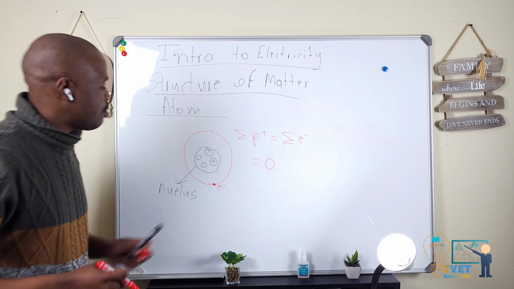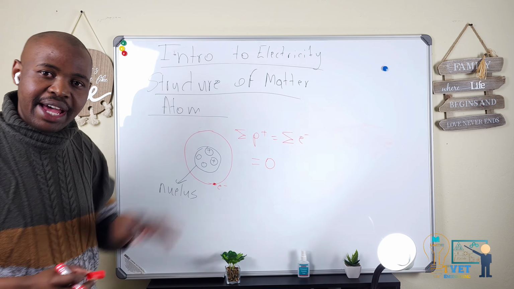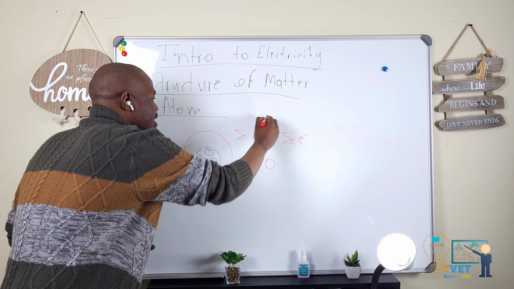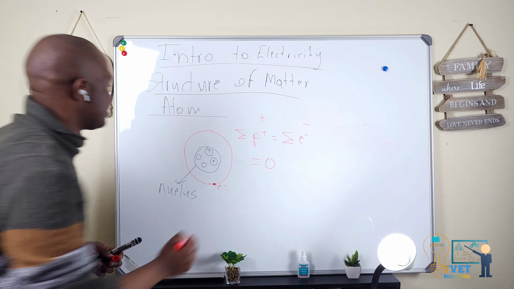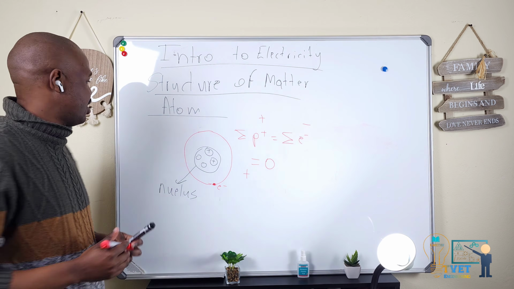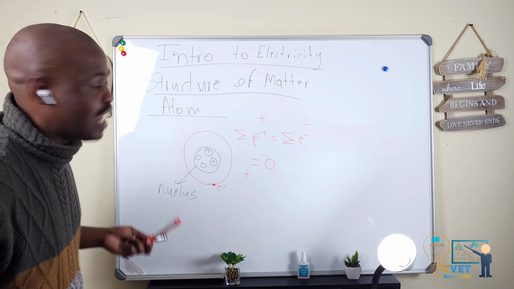If an electron is removed from the atom, there is more positive than negative. Hence, the atom will become positively charged.